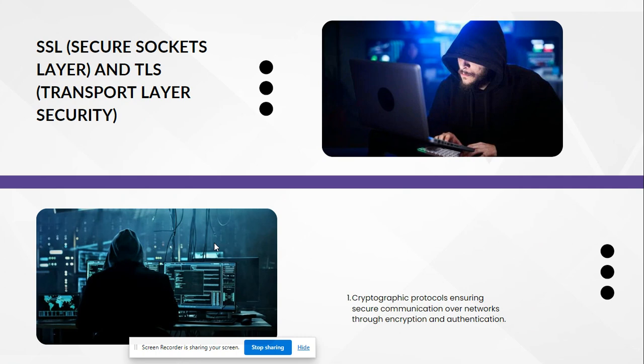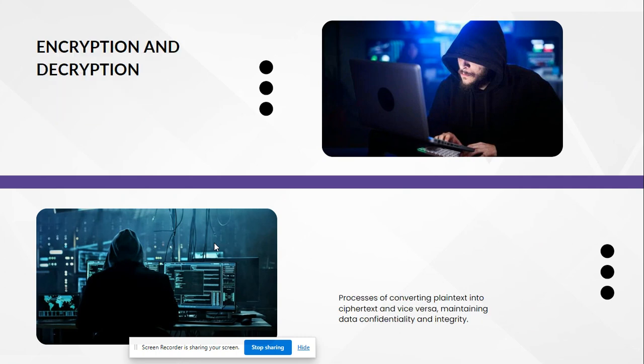So, what is encryption and decryption? Encryption is the process of converting plain text data into ciphertext, which can only be read if decrypted using the appropriate key. Decryption is the reverse process where the ciphertext is converted back into plain text using the decryption key.